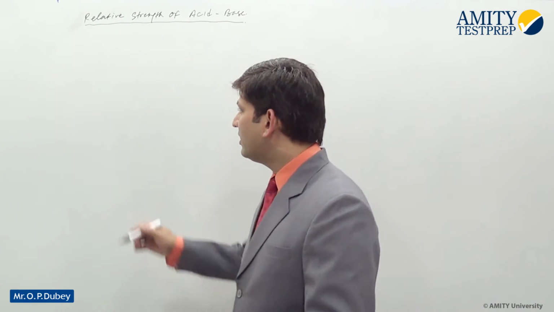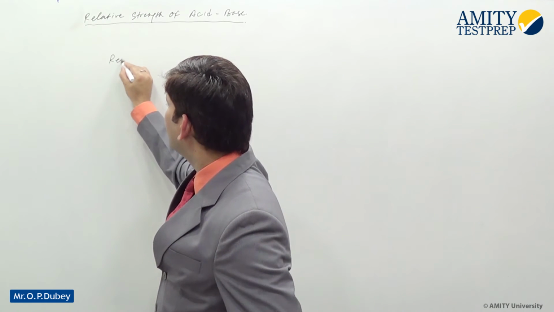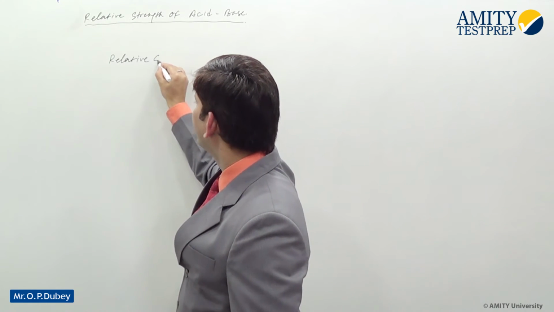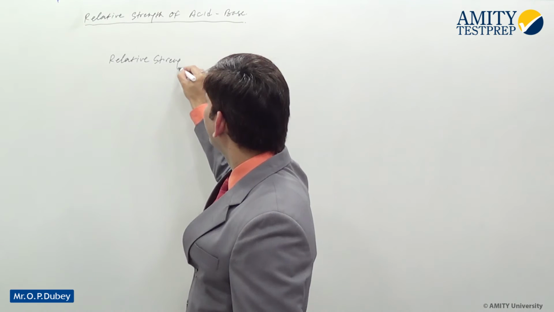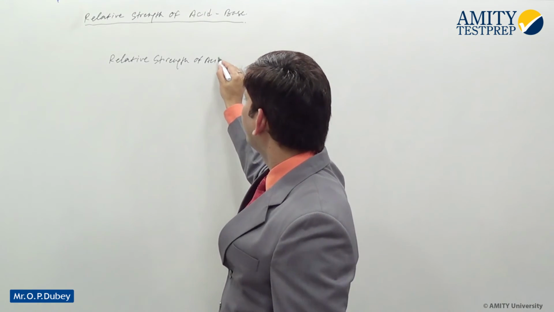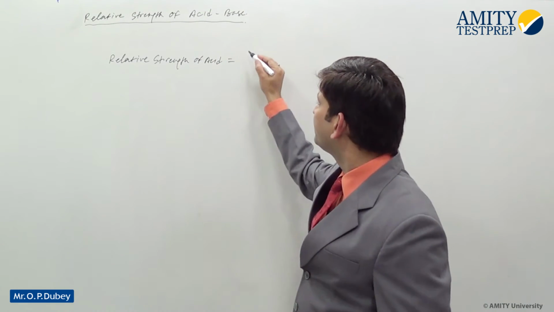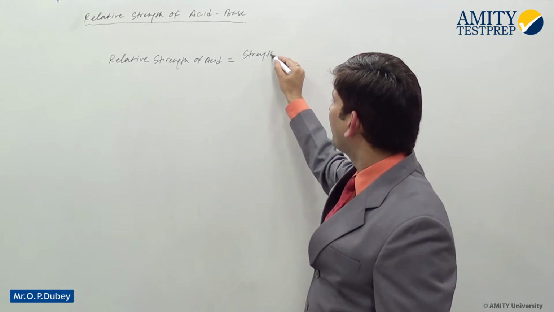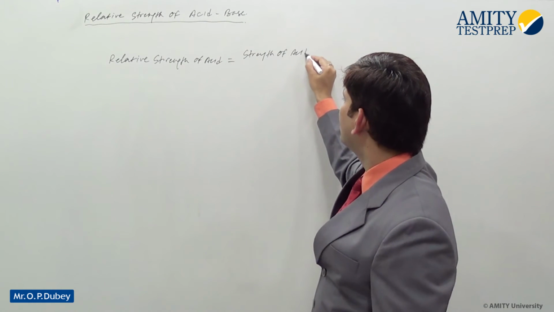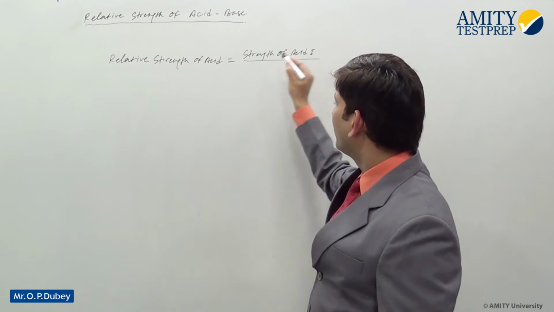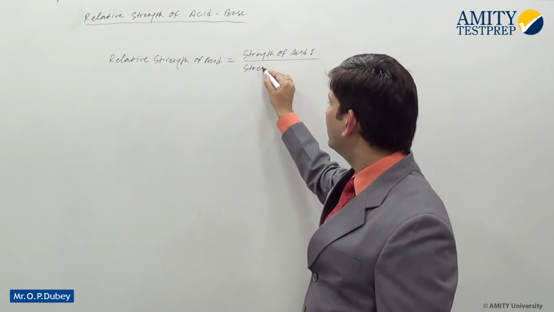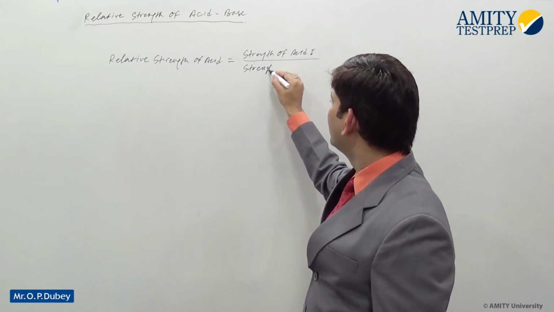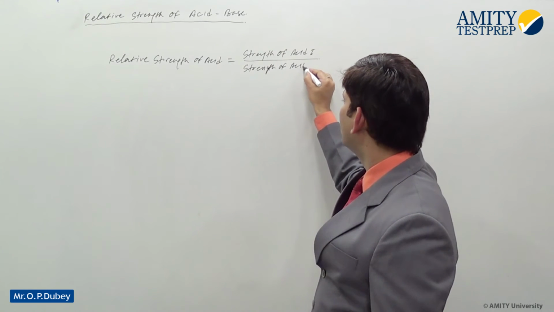Now we can write the relative strength of acid is equal to the strength of acid 1 divided by the strength of acid 2.